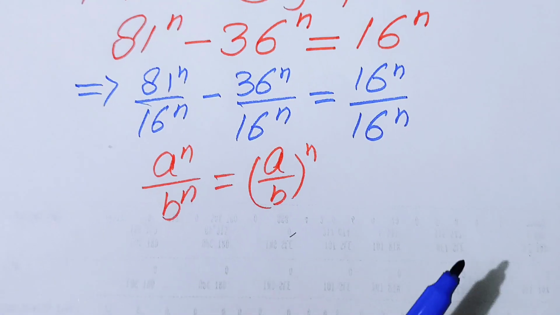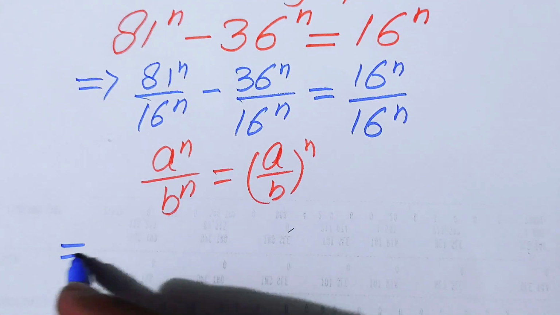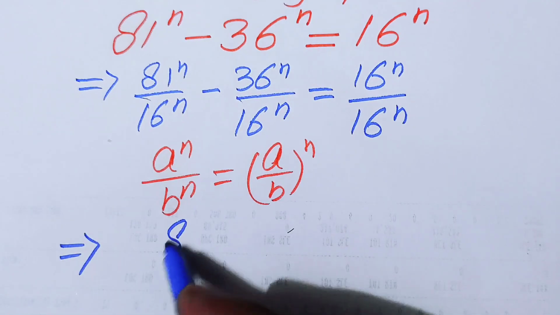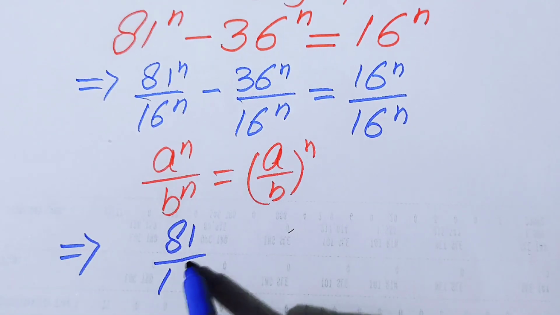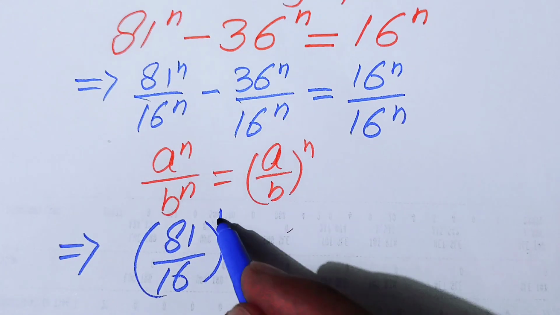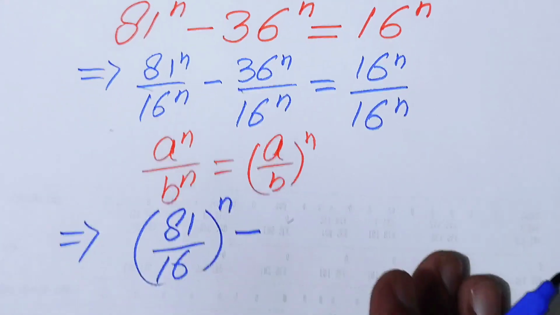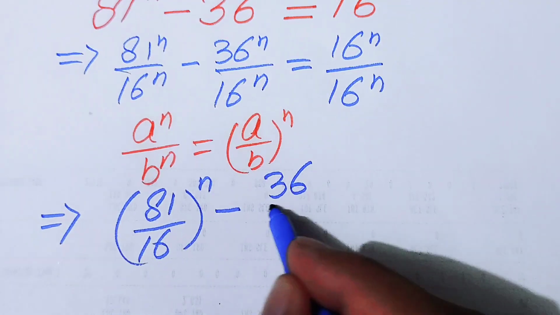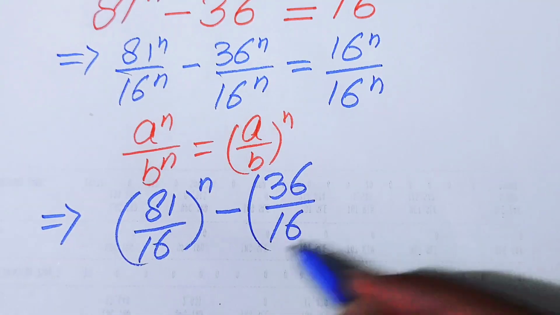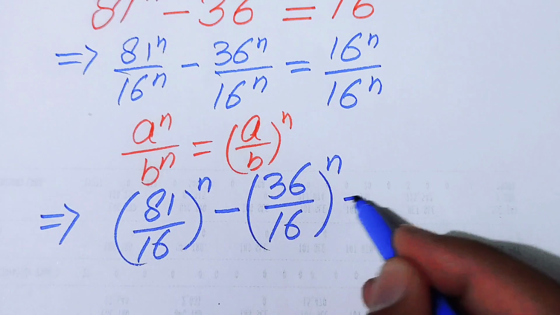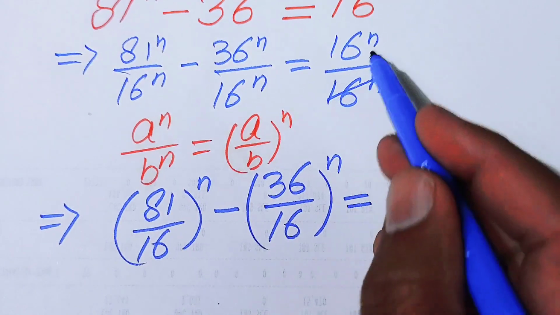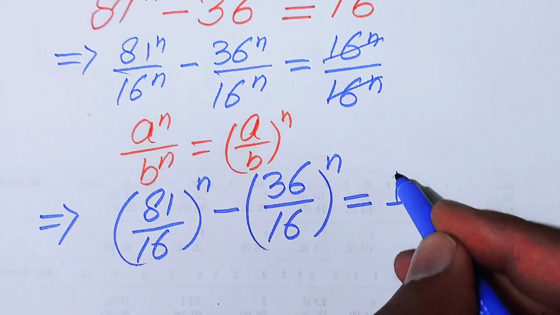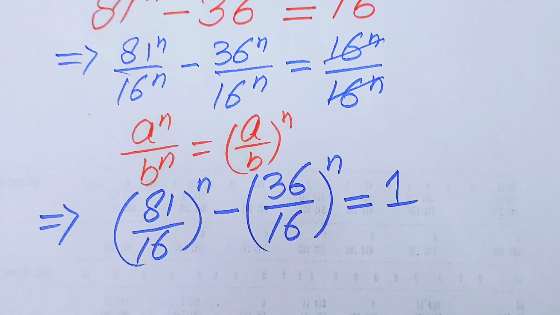The terms on the left hand side become 81 over 16 to the power of n minus 36 over 16 to the power of n, and this whole is equal to, these two cancel each other, 1.